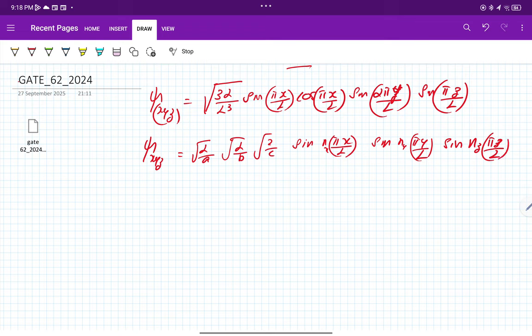Of course, this is a cubic box, so all the denominators will be the same: a, b, c are equal to L.